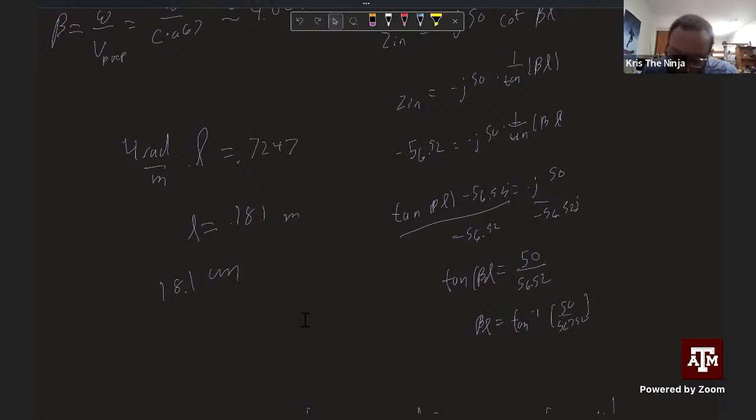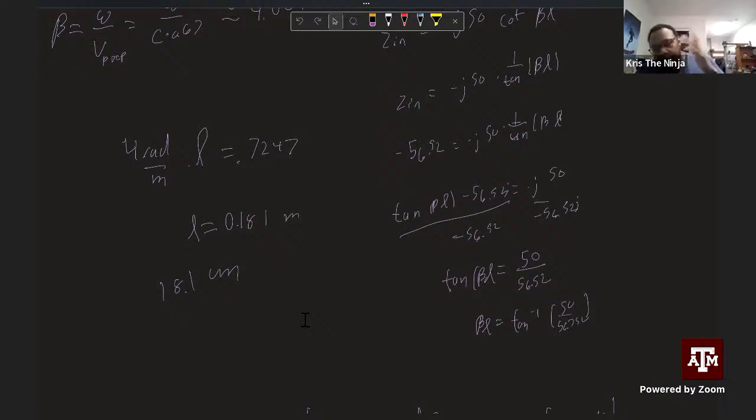And then you can find that L is 18.1 centimeters up. So that's pretty much how that one's done.